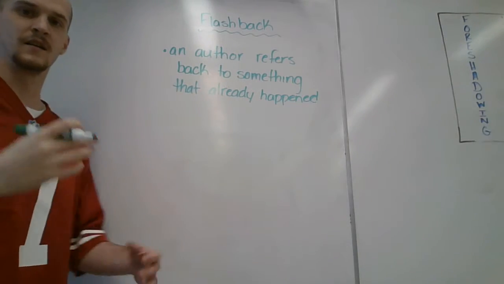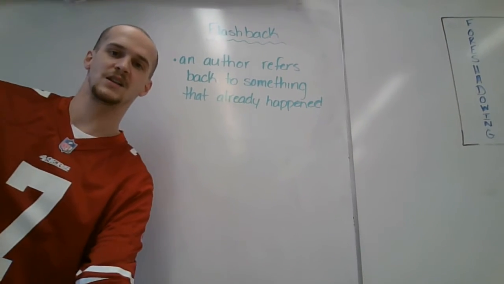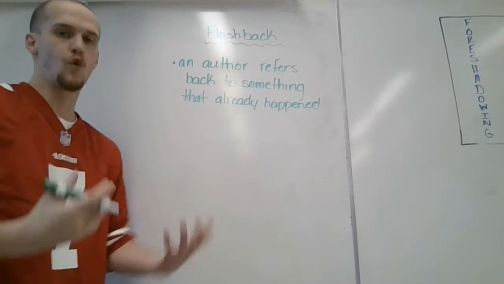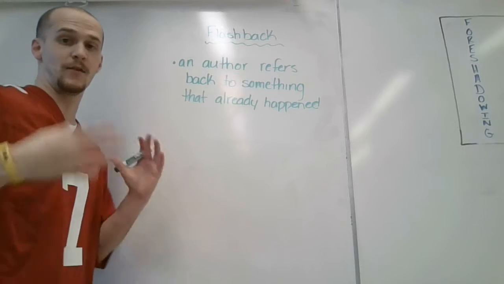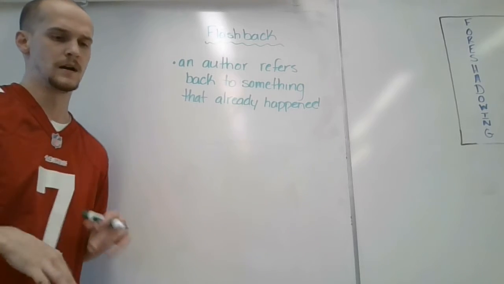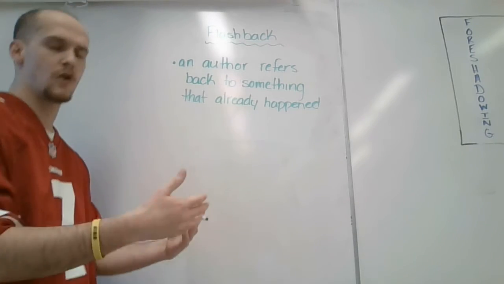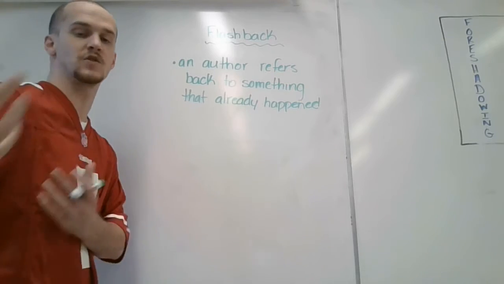All right, the author makes some sort of reference back to an event, a quote, something that already happened that is key, that the reader needs to pay attention to. What was going on? How does it contribute to where we are in the story now?